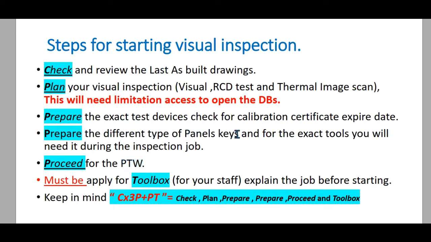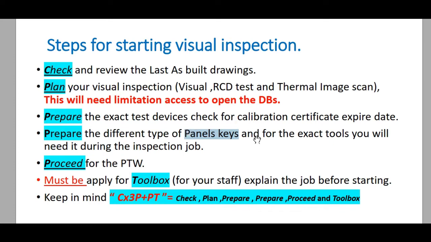The fourth point: we must prepare for the different types of panels. Each distribution panel needs a special key to open the door. We must understand what types of DBs we have and what keys we must prepare before starting our work.